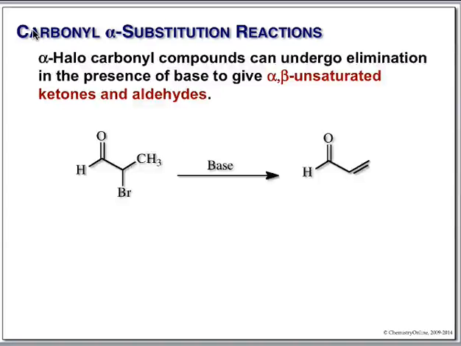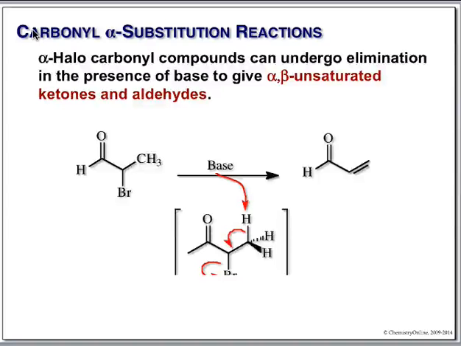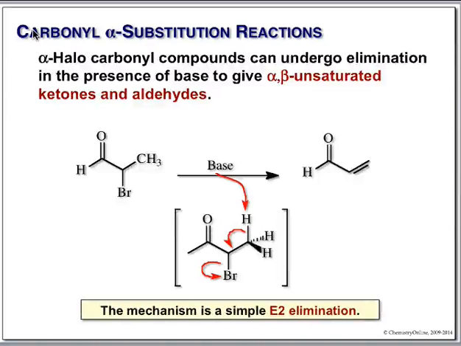The halogen is going to be our leaving group. So it looks like this, and we go to our alpha-beta unsaturated carbonyl. The driving force for this, remember, is that our alpha-beta unsaturated carbonyl is resonance stabilized, isn't it? Because of that, it's a nice stable thing. You're going energetically way downhill. Nice simple E2 elimination reaction.